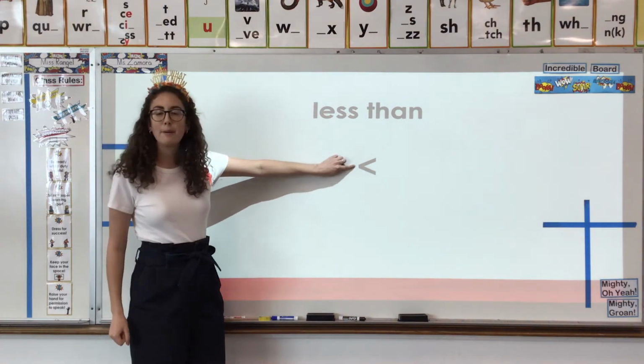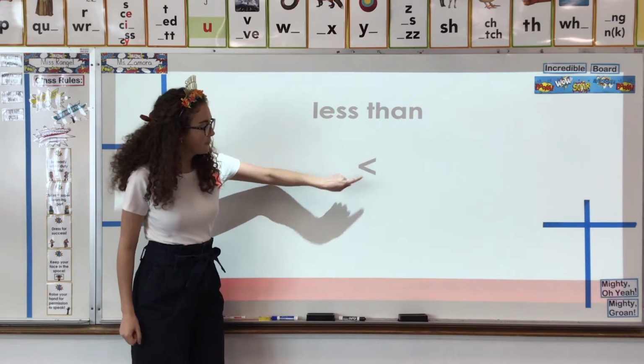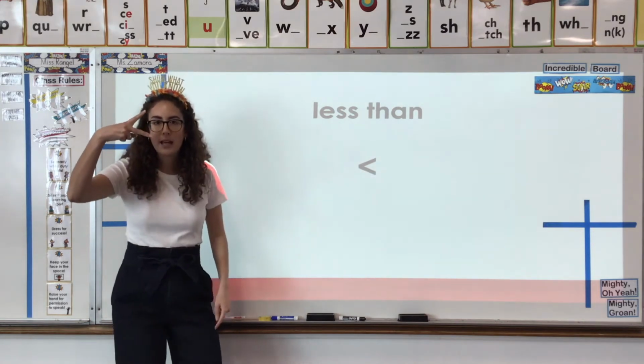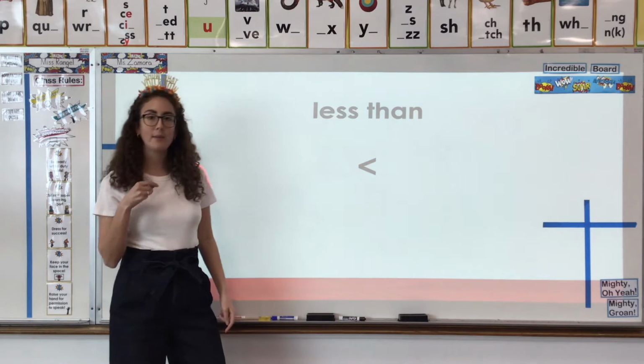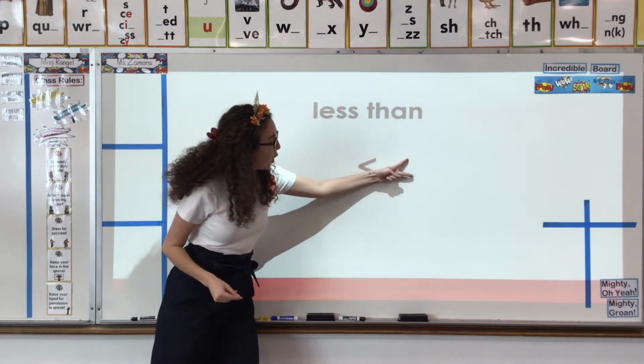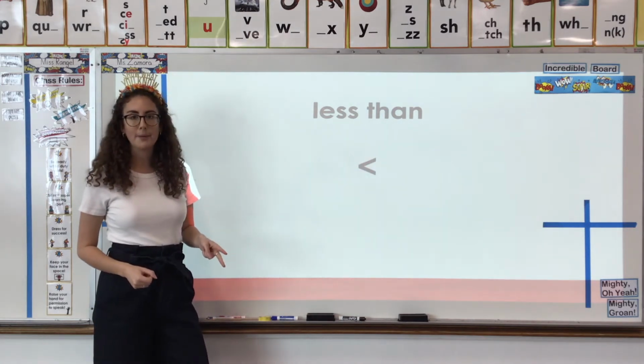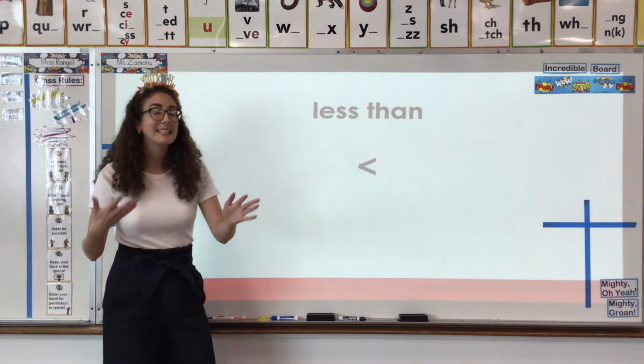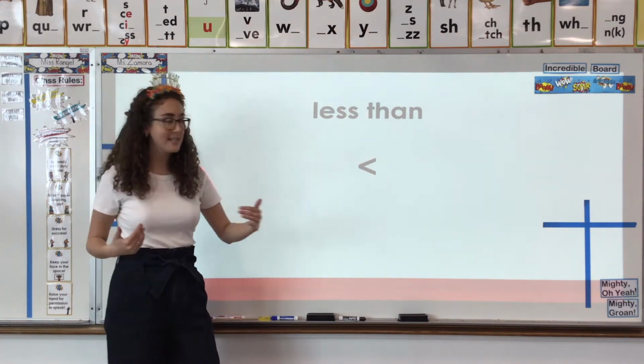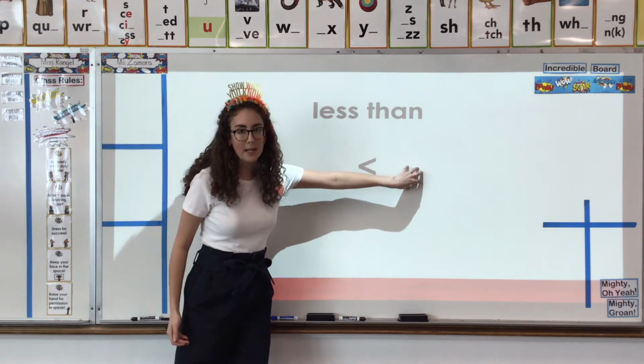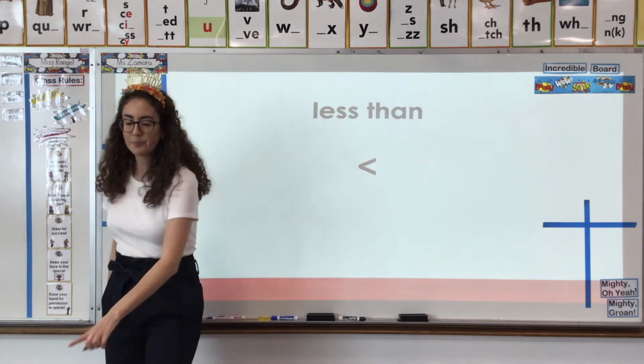And with our comparison symbols, this little open mouth is always facing the bigger number. It's always opening towards the bigger number. And when we say less than, we're telling someone that that second number is the bigger number.